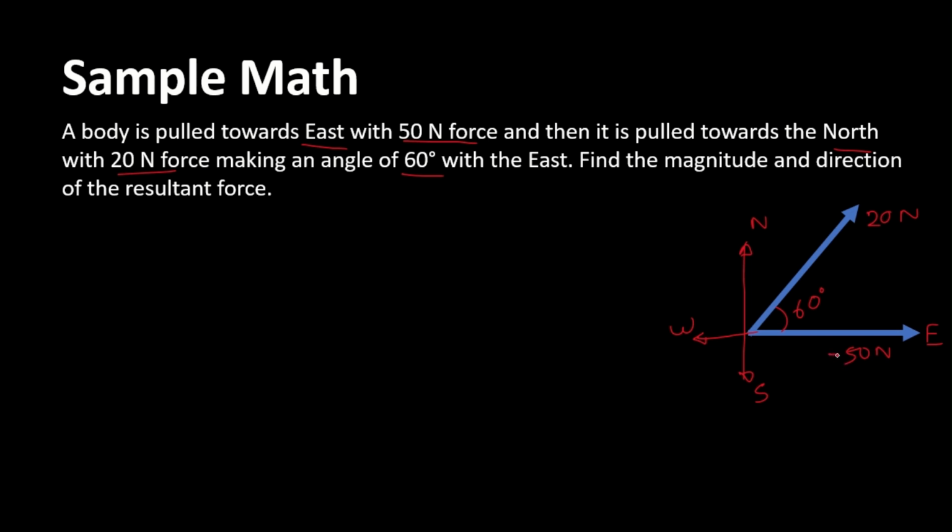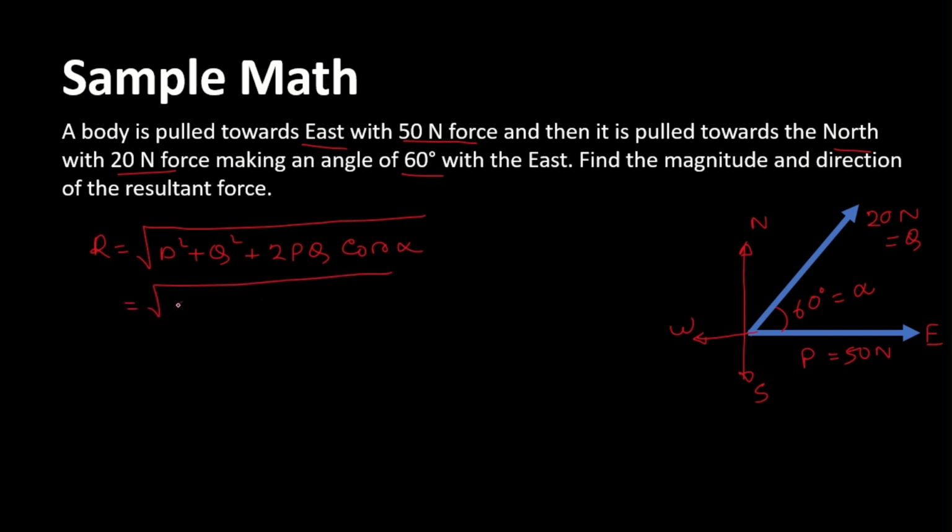So we can write 50 Newton equals to P, 20 Newton equals to Q, and 60 degree equals to alpha. Therefore, the resultant R equals to root over P square plus Q square plus 2PQ cos alpha, equals to 50 square plus 20 square plus 2 into 50 into 20 into cos 60 degree.